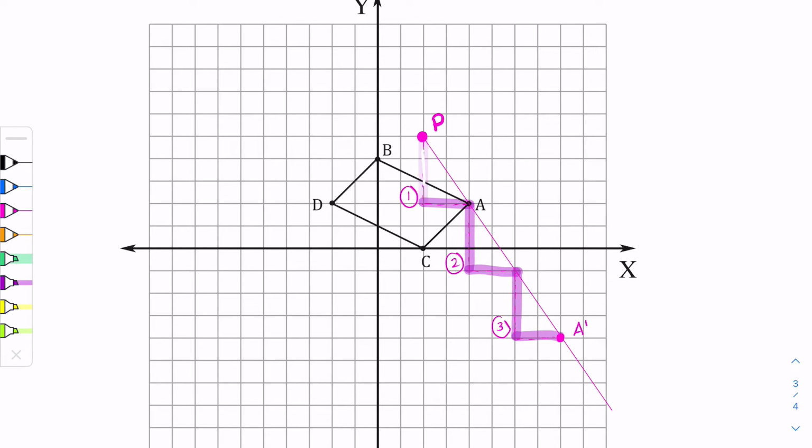Okay, I'm going to erase all of our work so it doesn't clutter up our graph while we're doing the same thing for the other points. Next, I'm going to do point B. Draw a line through point P and B, and I'm going to continue that.